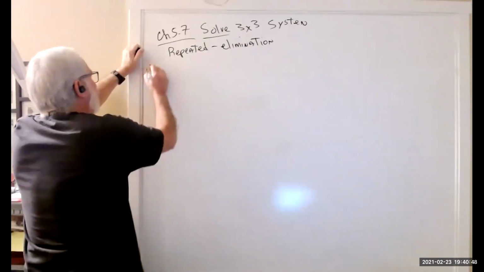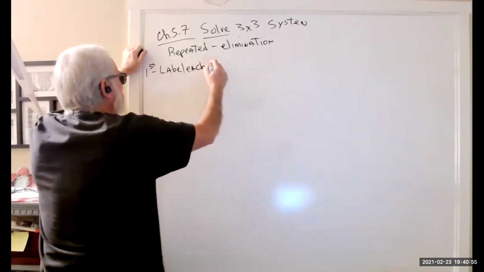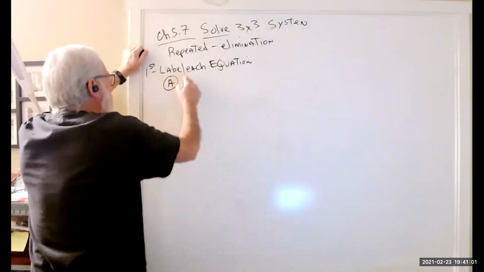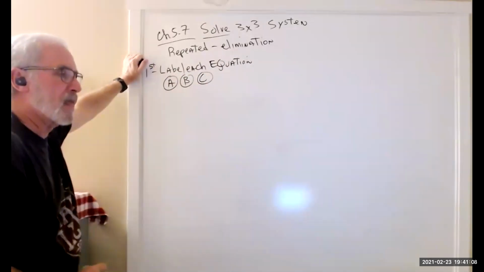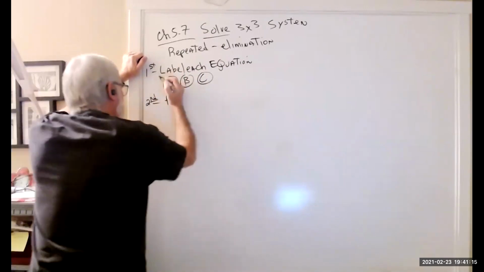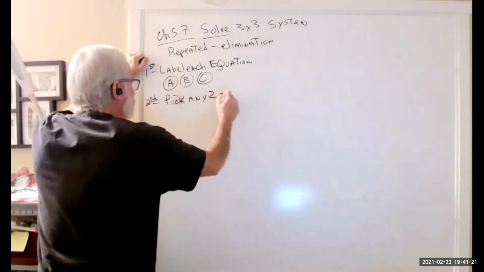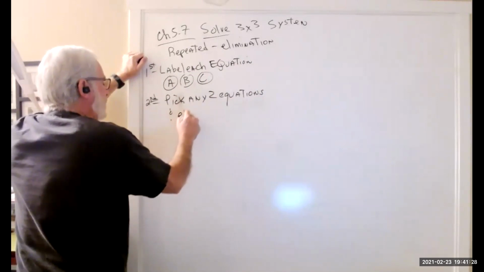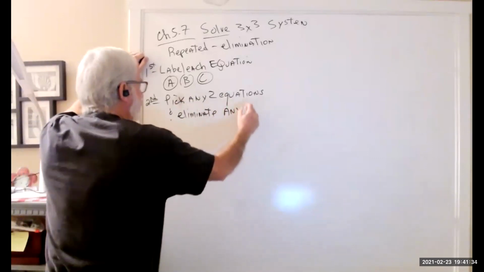Okay, here we go. First, you're going to label each equation with A or B or C. Secondly, pick any two equations and eliminate any variable.